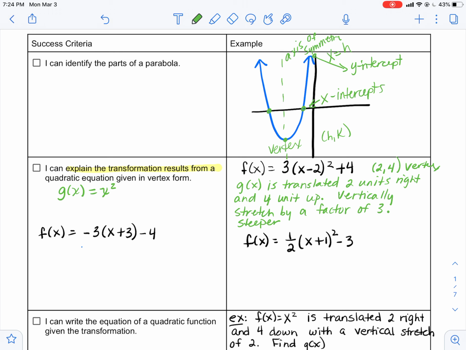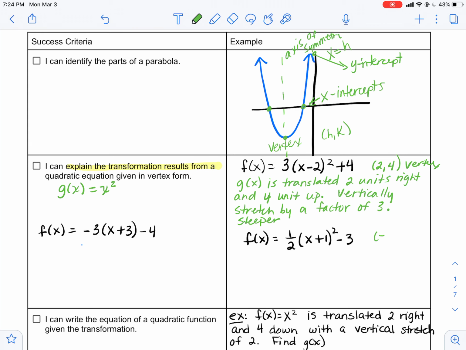So we'll do another one here. This one, the vertex would be at (-1, -3). So in this case, g of x is translated one unit left and 3 units down.